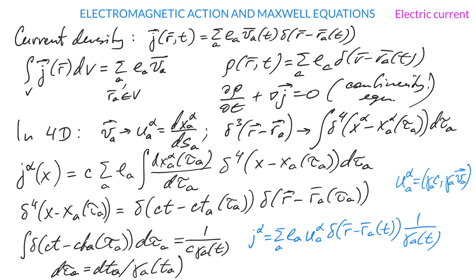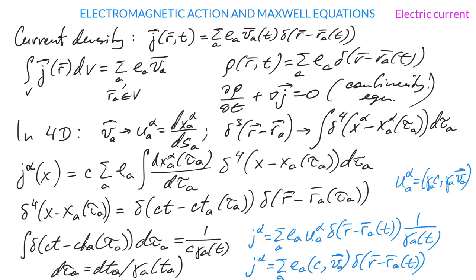And what we find then is that J^alpha is equal to the sum over a of e_a, where gamma cancels with the gamma in the denominator. So what remains is c for the time-like component and v for the space-like, and there's delta of r minus r_a of t.